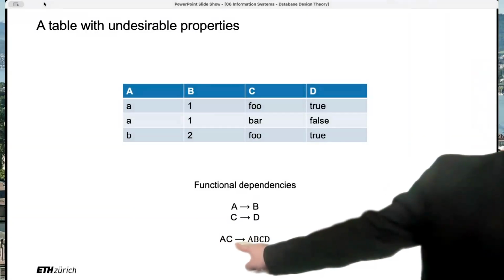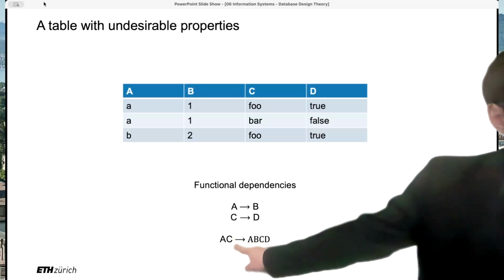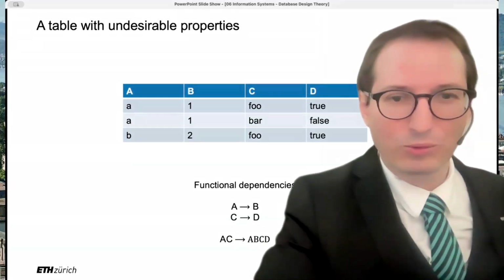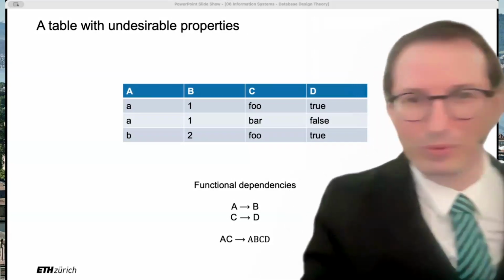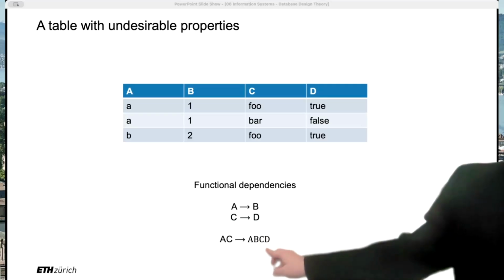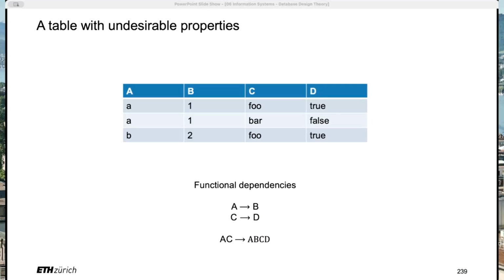It determines all attributes. What do we call that? When a set of attributes determines everything, it is a... Yes? Somebody says super key. So we have minimal basis, we have super key, and we'll do a poll on that. Anybody else?